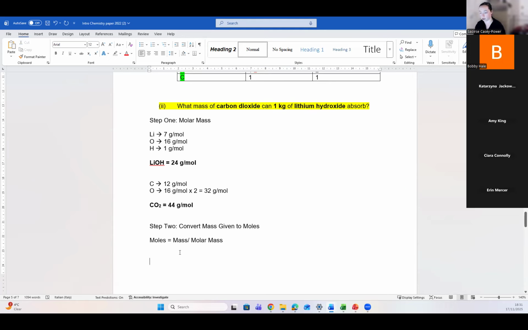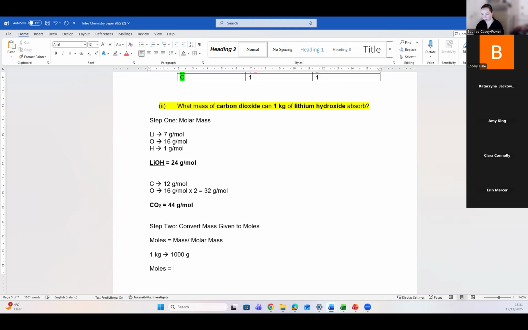So we have 1 kg of our lithium hydroxide, and we need to convert that into grams. That should be 1,000 grams, because if you just used 1 kg, you'd be off by a factor of 1,000. We probably won't come across that too much, but if you see an SI unit that's different to what you're working with, you just convert it and then go ahead.